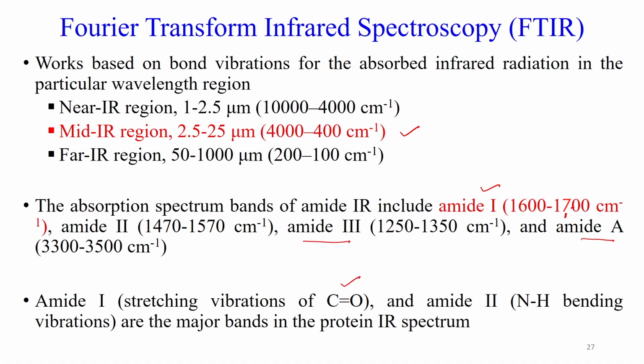Amide 1 reflects the CO stretching, amide 2 reflects the NH bending, amide A reflects the NH stretching, and amide 3 represents the CN.